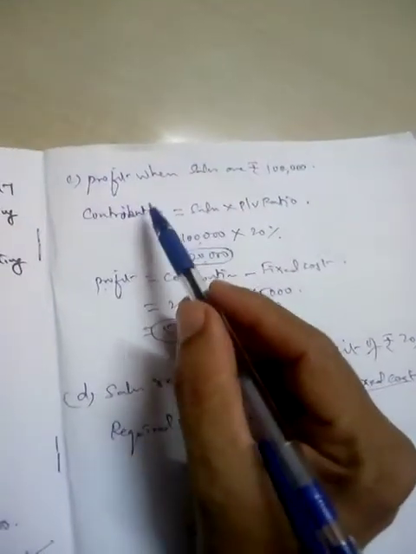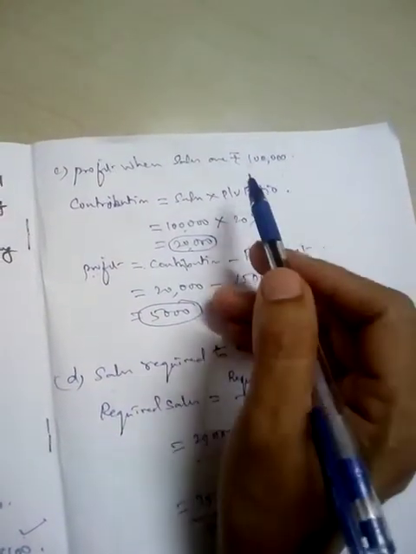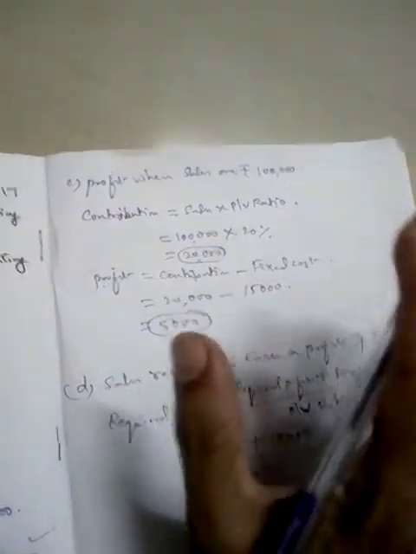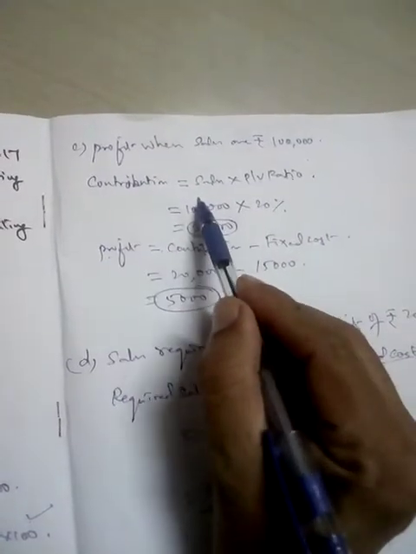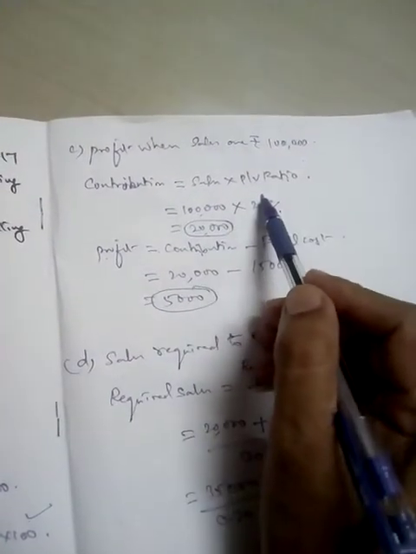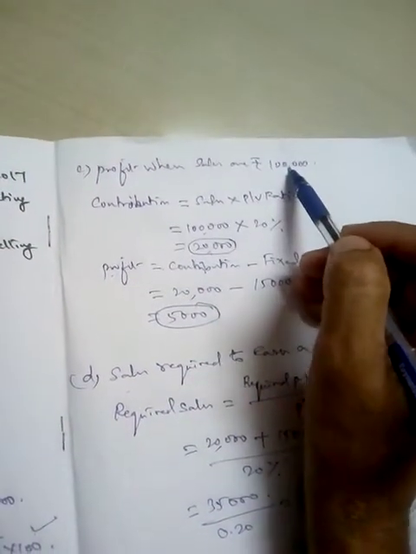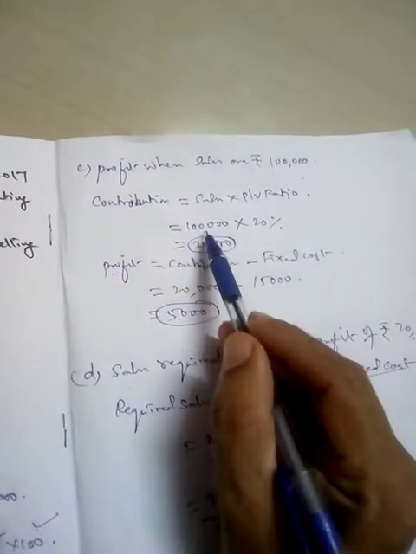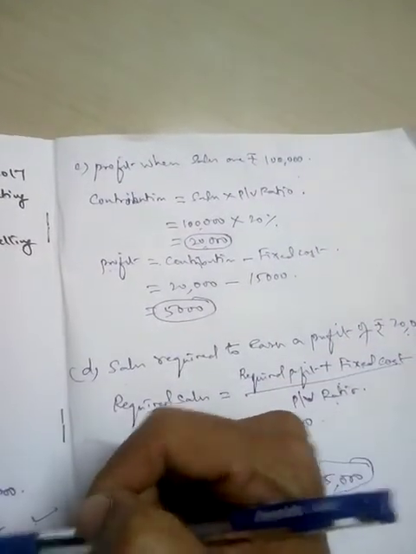Now move on to the third one. They ask for profit when sales are 1 lakh. So they gave sales of 1 lakh, and they ask you to find out the profit. The formula is contribution equals sales into PV ratio. So 1 lakh into 20%, which we already calculated as the PV ratio.